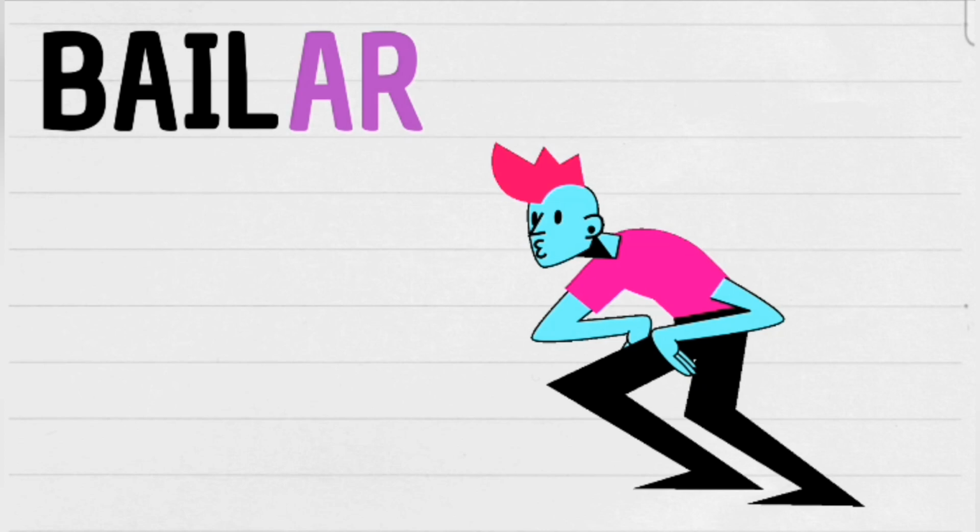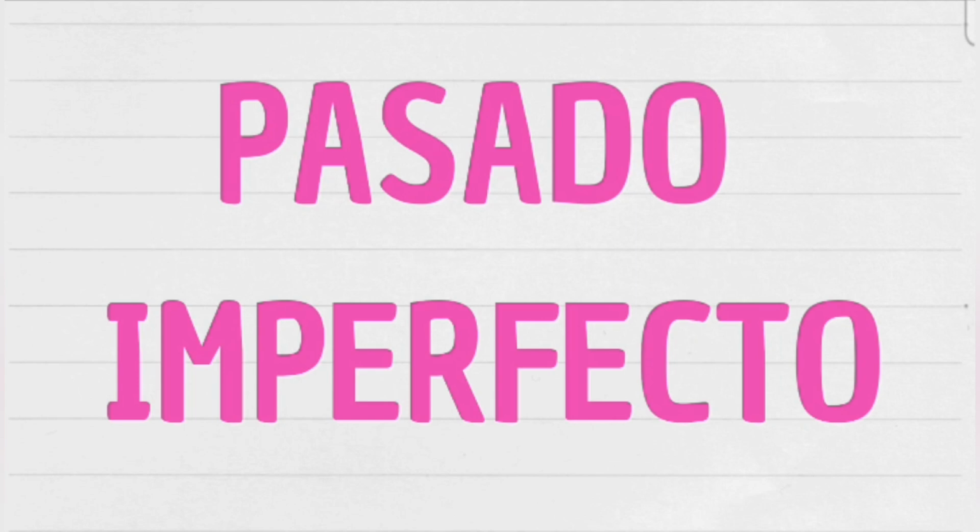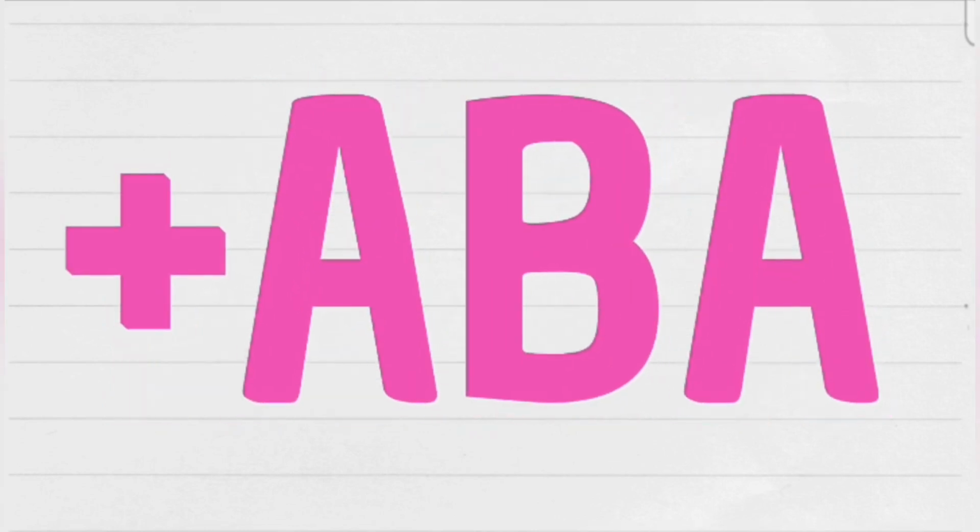So if we have verbs ending with AR, and we talk about the imperfect past, pasado imperfecto in Spanish, then to create this tense, we have to add these 3 letters to our verb, okay?